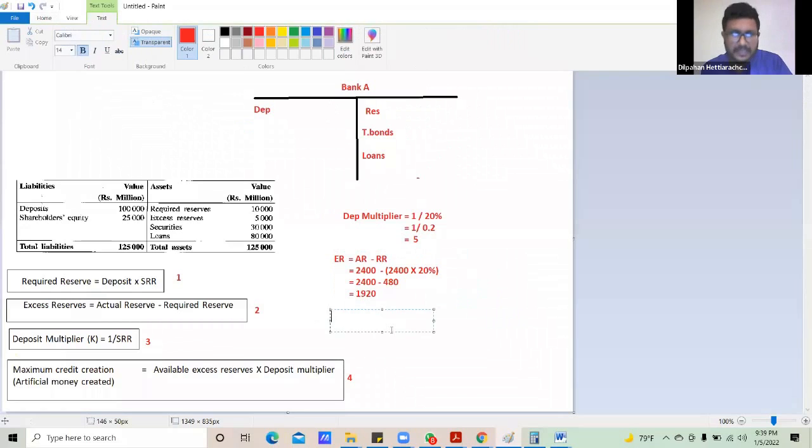Then I use the last equation: maximum credit creation equals excess reserves into deposit multiplier.